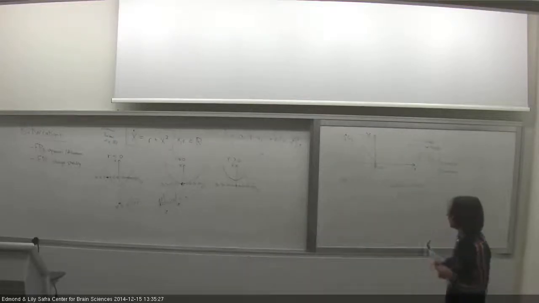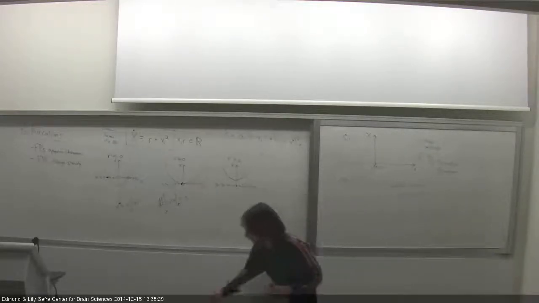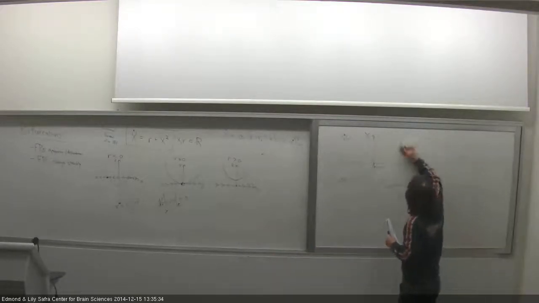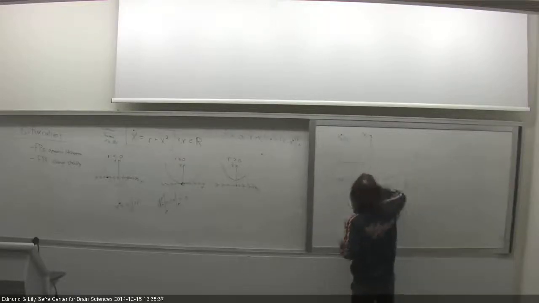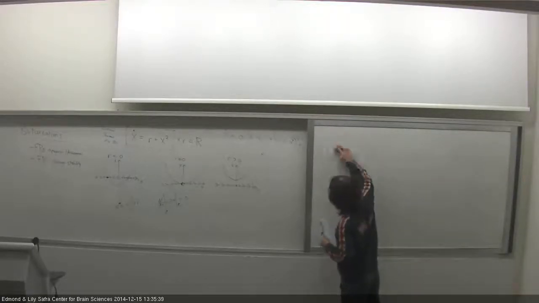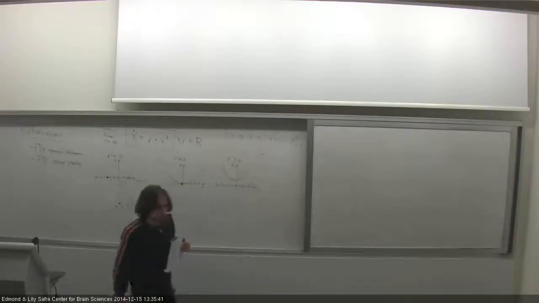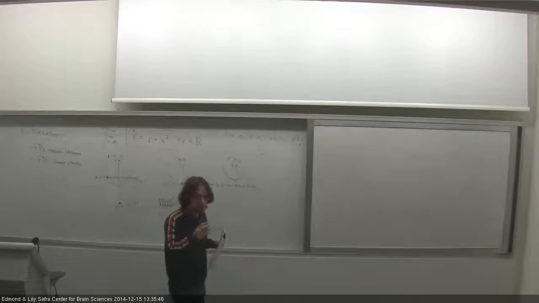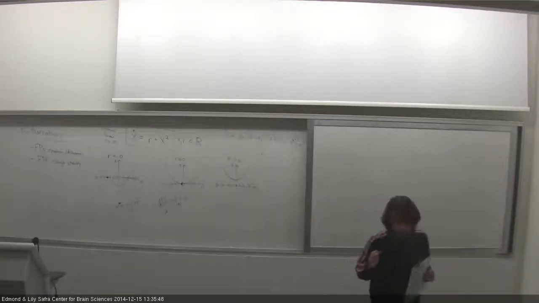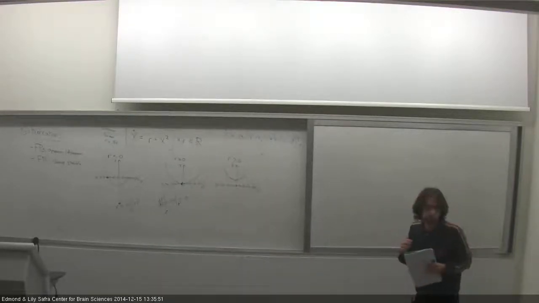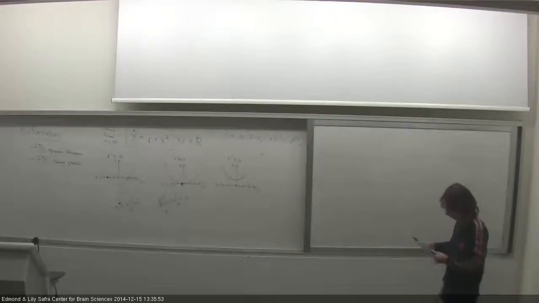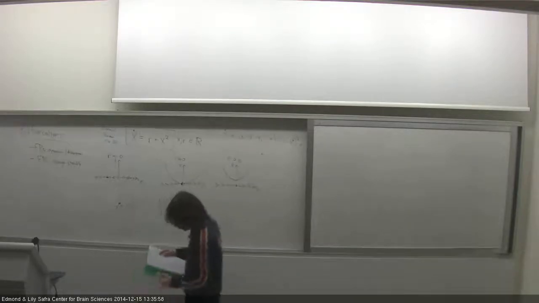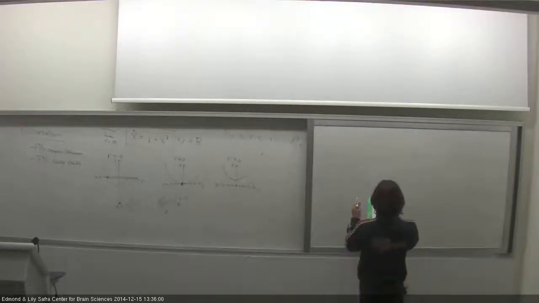Now, this was a system where fixed points could vanish or appear, but once they appear, their stability doesn't change. Now we're going to look at a system where the stability of a fixed point changes.